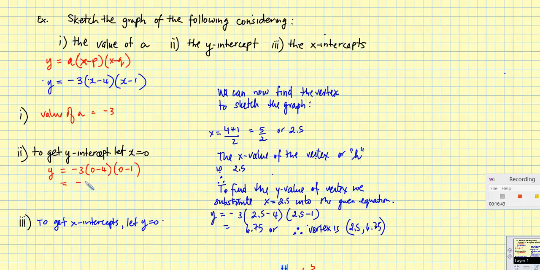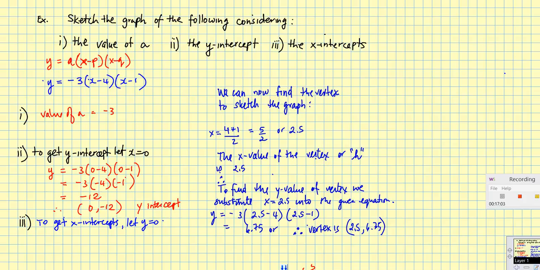That gives us negative 3 times negative 4 times negative 1, which is a negative times a positive, which gives us a negative, so it's negative 12. Therefore, 0 and negative 12 is my y-intercept.